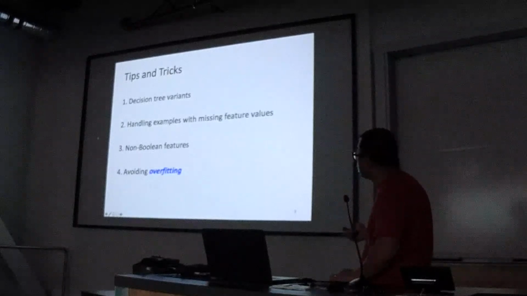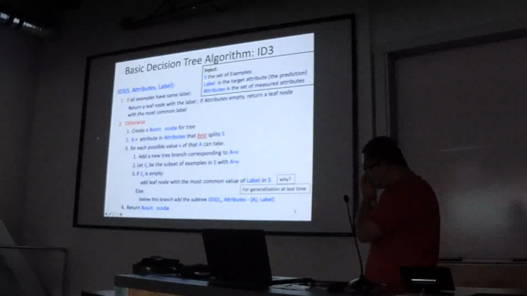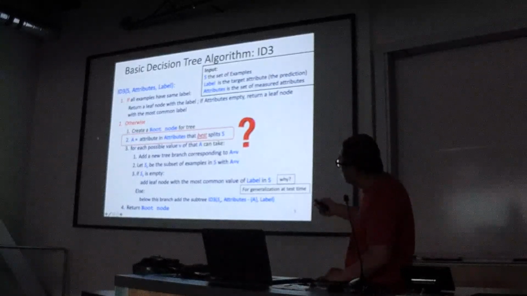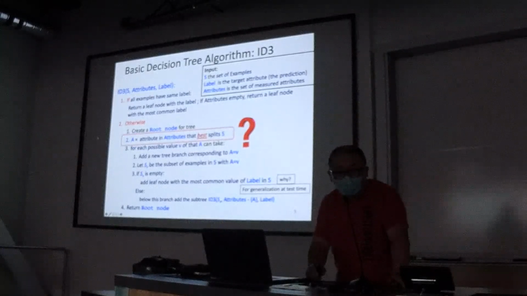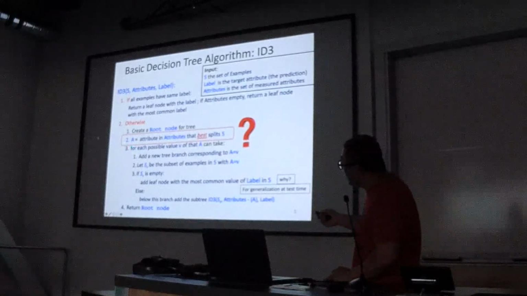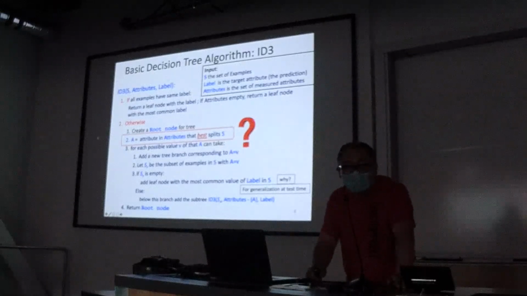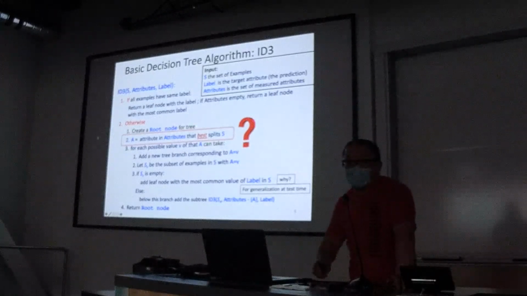So, as we just discussed, the whole ID3 algorithm framework is quite generic, except that how we choose the best attribute in each step is kind of open. Why? Because we only talked about the information gain principle, or information gain heuristics.